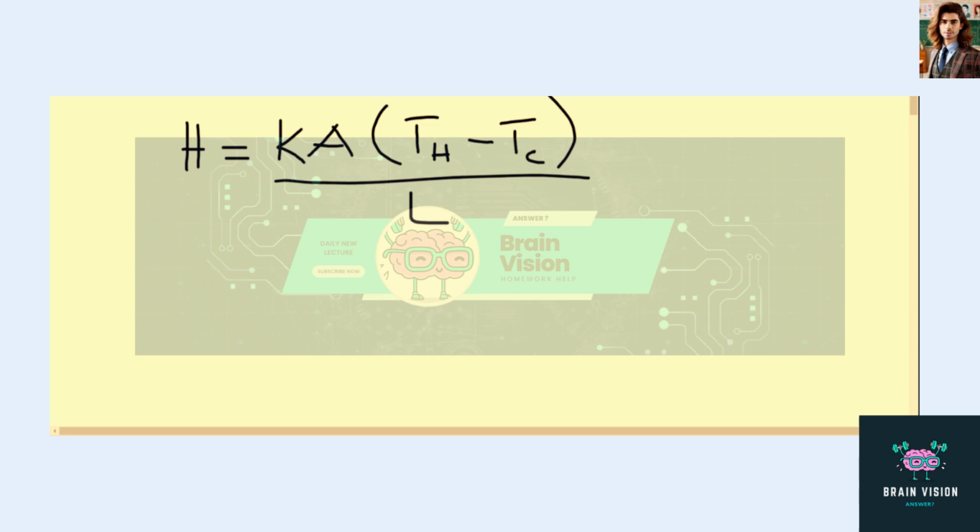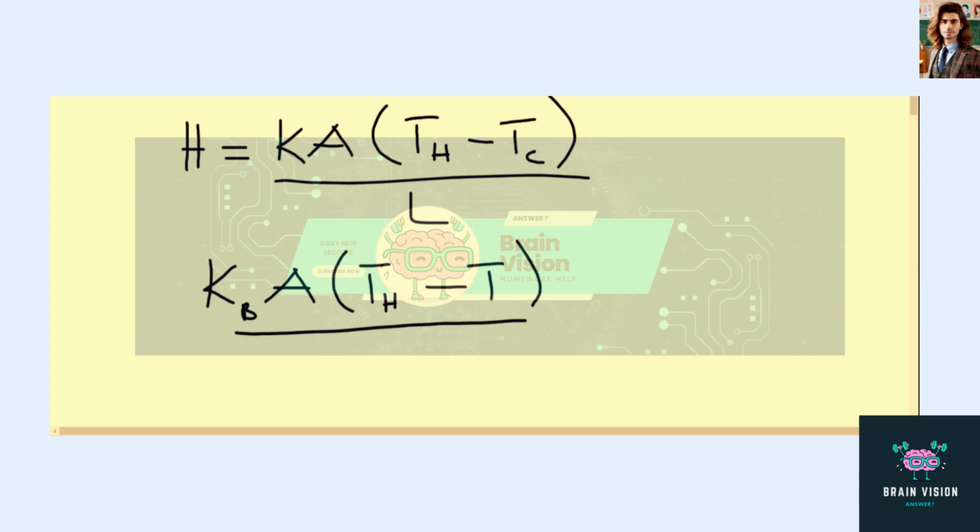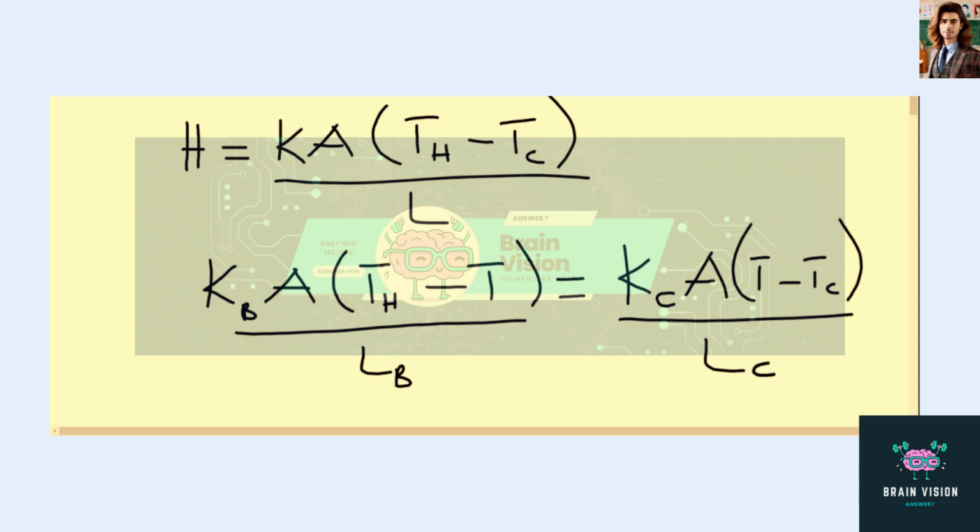Since there is a common temperature at the joint, we write: K subscript B, which stands for brass, times the area, times (T subscript H minus T, where the common temperature is represented by T), divided by the length of the brass, L subscript B. All of this is equal to K subscript C times A times (T minus T subscript C), because T will have a higher temperature than the cold area, all divided by the length of the copper rod.